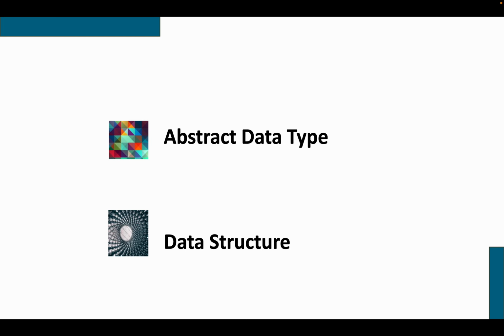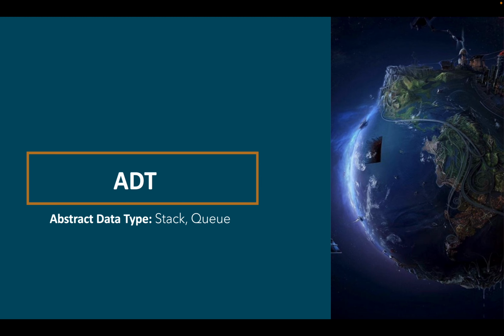And then when we better understand the data behavior and data function by the abstract data type concept, we think about the implementation of ADT, or how to store our data in our memory, and it makes our data structure. So first of all, what is the abstract data type, or ADTs?